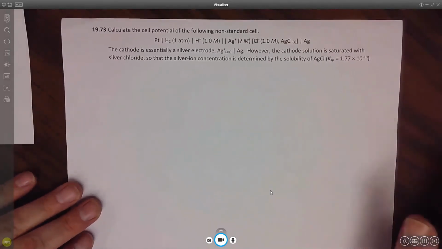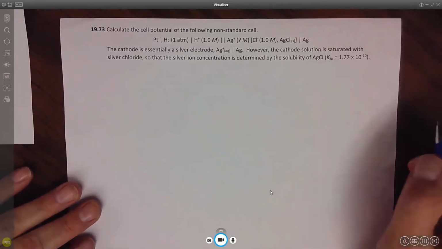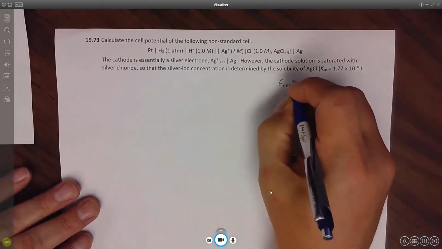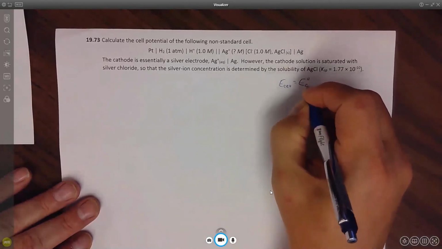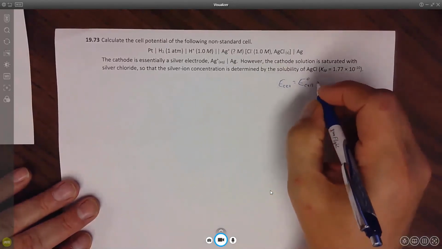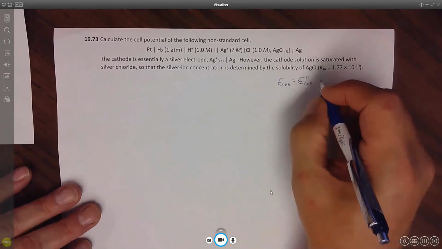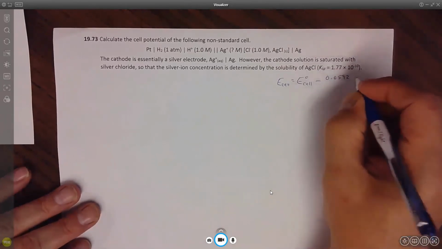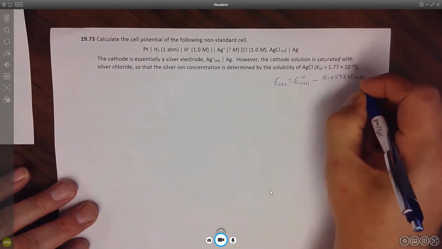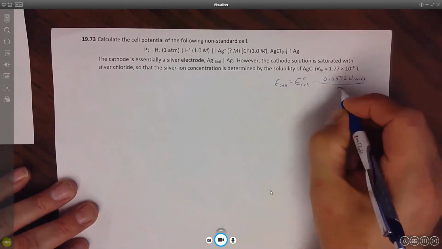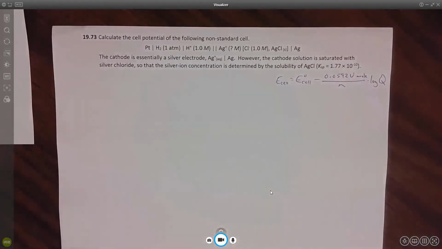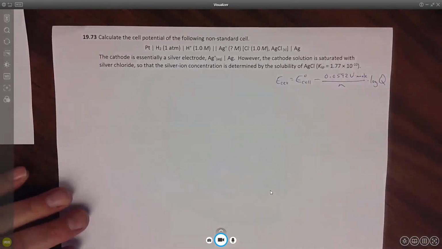Every time we have a non-standard cell, we're going to be dealing with the Nernst equation. So again, the cell potential is equal to the standard cell potential, and just like we saw before, minus 0.0592 volt mole of electrons over N times the log of Q.